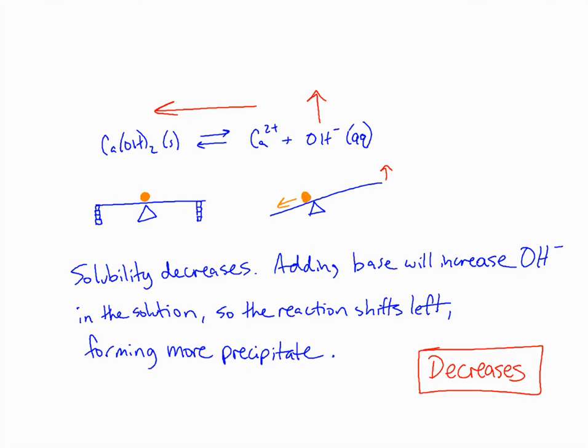In a solubility equilibrium problem, the equilibrium can be affected by adding or removing ions in the solution. This will affect the solubility of the compound. If a solution has the same ion as one of the ions in the dissolving compound, we call that a common ion, and the effect that it has on the solubility of the compound is called the common ion effect.